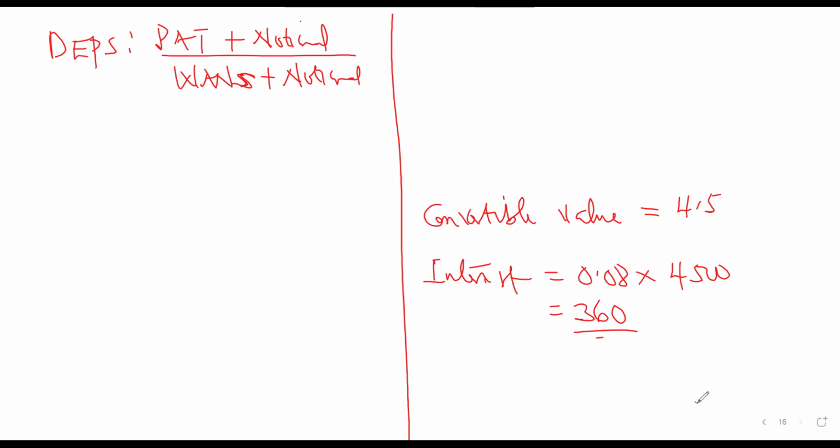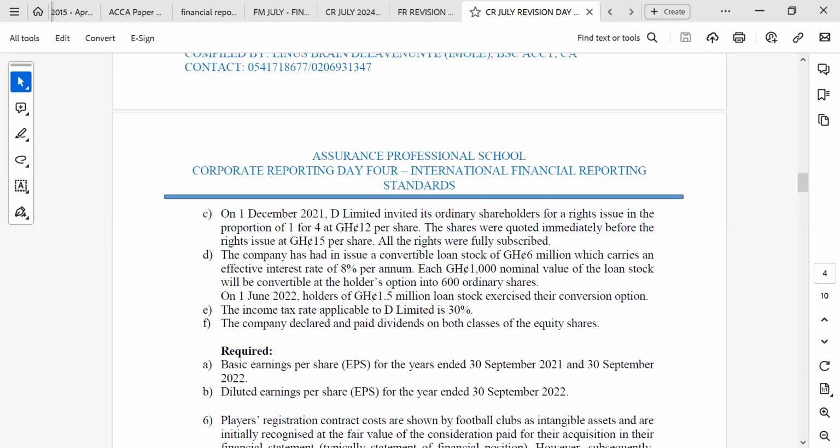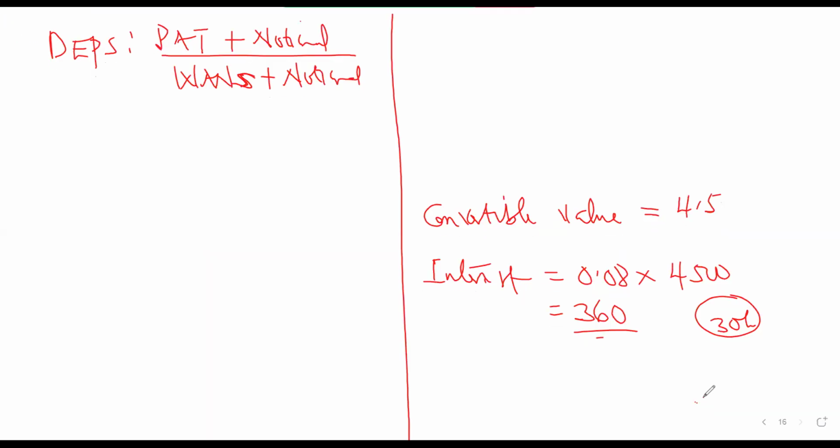So currently we have a tax benefit of 30% on this amount, because the tax authority allows us to subtract the interest before we charge tax. So the tax benefit is 30% of 360, which is 108.